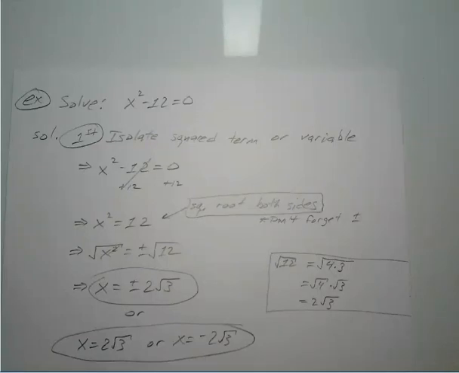Either one of those would work, depending on how the question is set up and how they want you to answer it. Okay, let's go ahead to our next example.